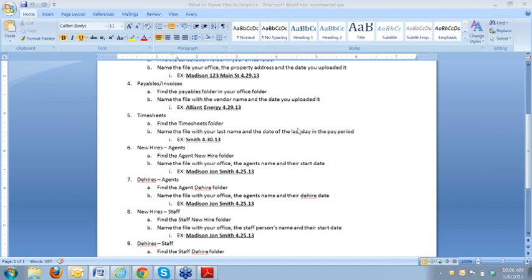Can we write same-day deposits on both earnest money and commission deposits or just earnest money? I don't understand that question. So, can we write same-day deposits on both earnest money and commission deposits or just earnest money? Whatever day the deposit's going into the bank, the slip has to say.